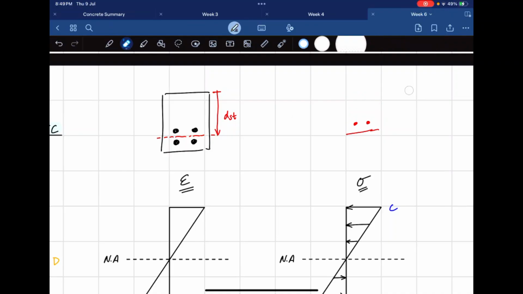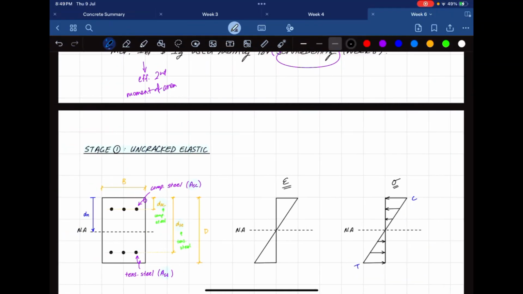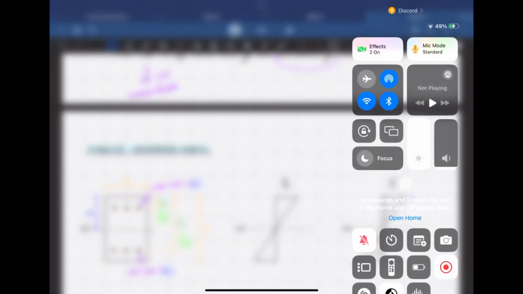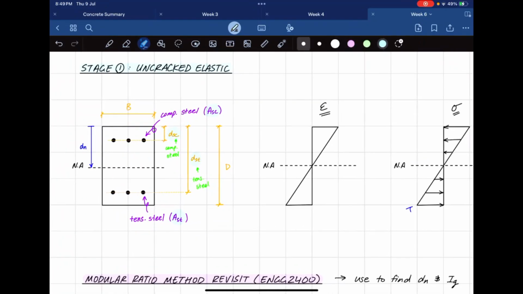Actually no, D0 I'm going to touch on later. Okay, don't worry about it. I'll come back to it. Obviously, B is going to be our width, D is our depth, and DN, I covered already, is the distance to the neutral axis.